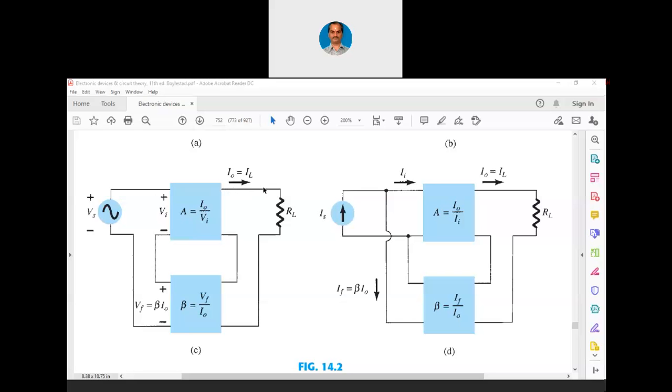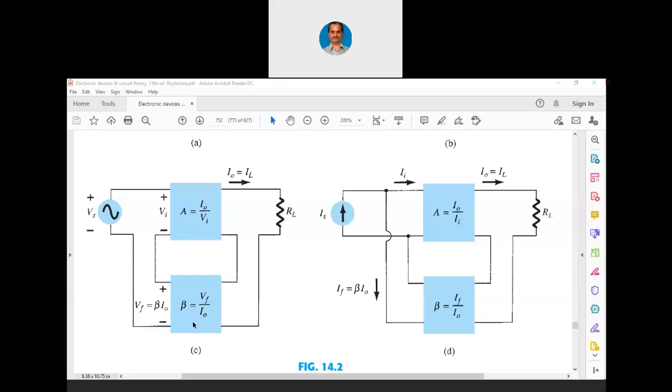Now that IL is coming through RL, and the current is coming into this feedback network. As I told you earlier, the feedback network is basically a resistive or capacitive network only. It is simply an attenuator network because we want to get a small portion of the output. Attenuation is the reverse of amplification. In amplification, voltage will be increased.